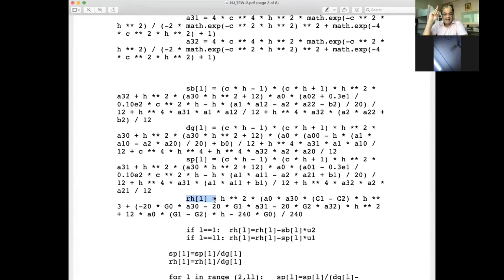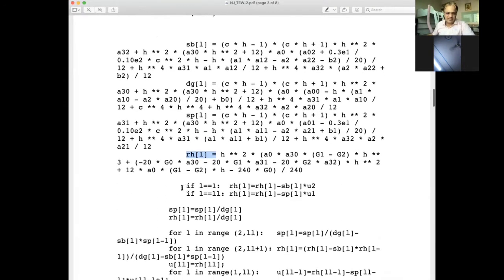Now, please recall, in the matrix I showed in the slide, when lowercase l equals 1, I am getting U0. So this U0 part will go to the right hand side for l equal to 1 and for l equal to LL, for the first point and for the last point. So I have to rearrange. This is what I have written. If L equals 1, then RH is basically RHL minus sub L into U2.